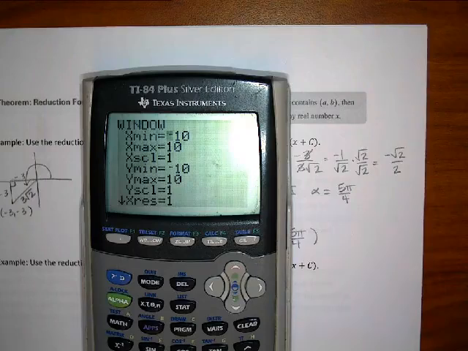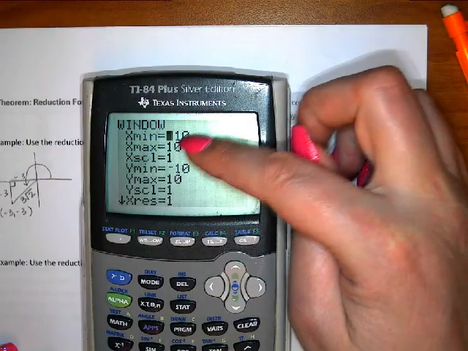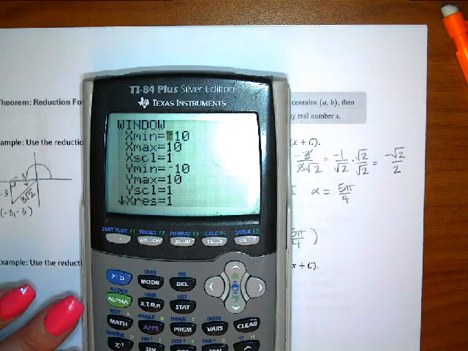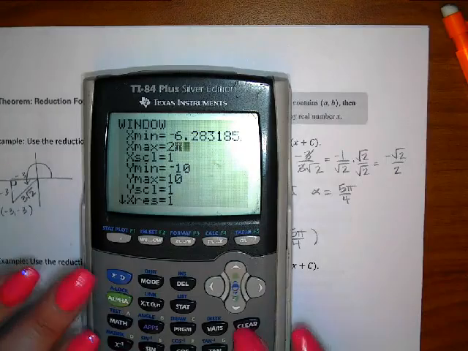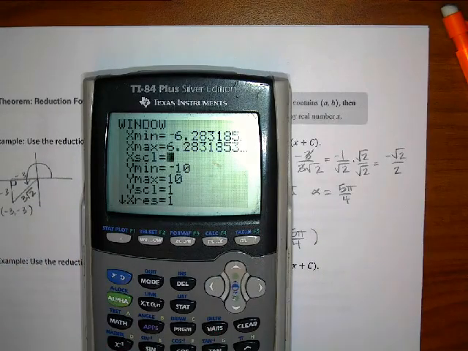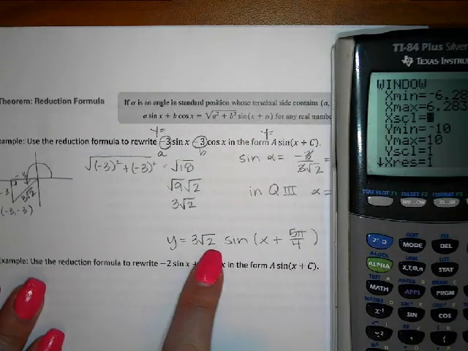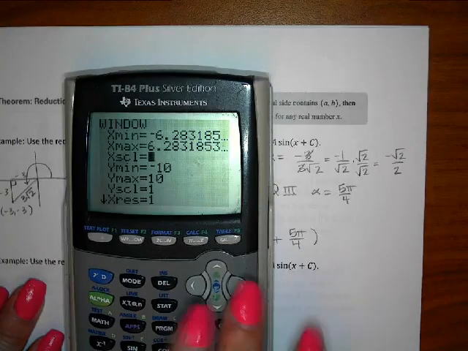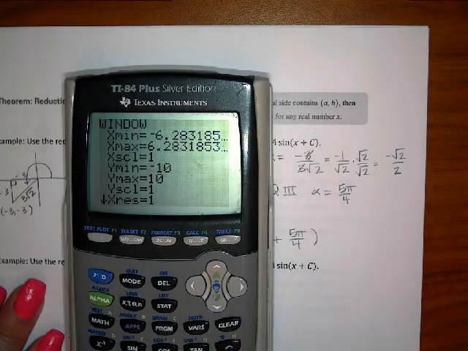So for left and right, x min, x max, I'm going to type in negative 2 pi and positive 2 pi. Normally the graphs bounce between negative 1 and positive 1, but this graph has an amplitude of 3 times the square root of 2. So I'm going to do like 5, 6 maybe. I'm going to do negative 6 to 6. I just want this to be big enough that I can see the whole curve.